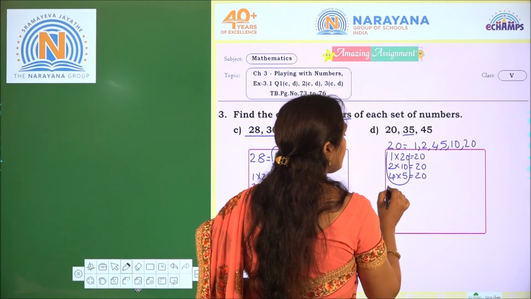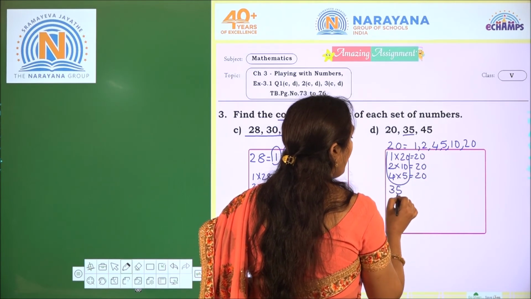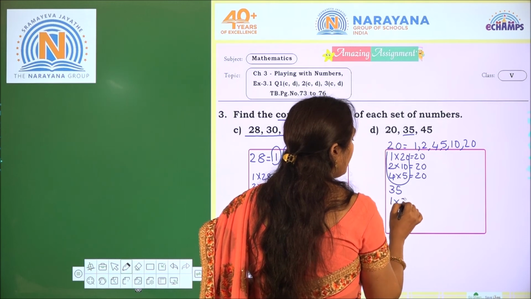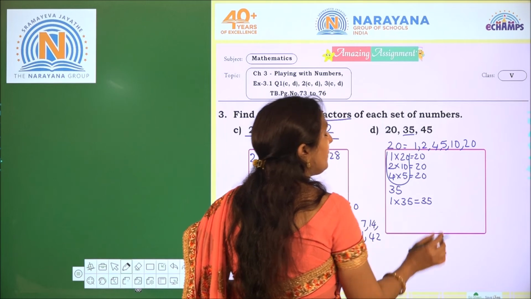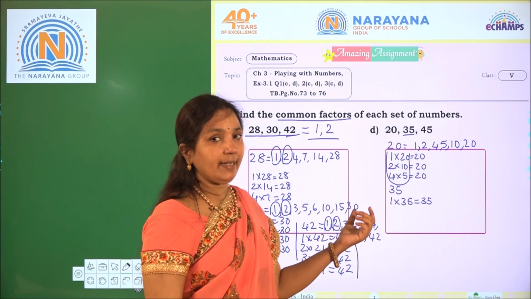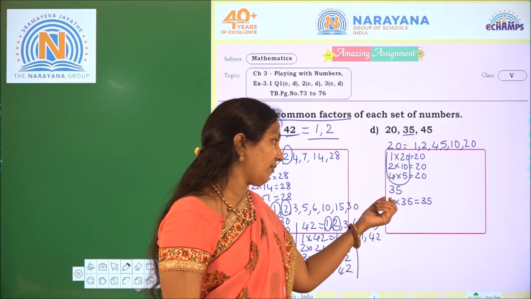Now write the factors of 35. 1 into 35 is 35. In the 2 table, no, 35 is an odd number, so 2 is not a factor of 35.